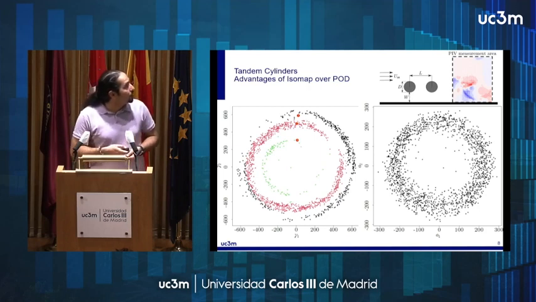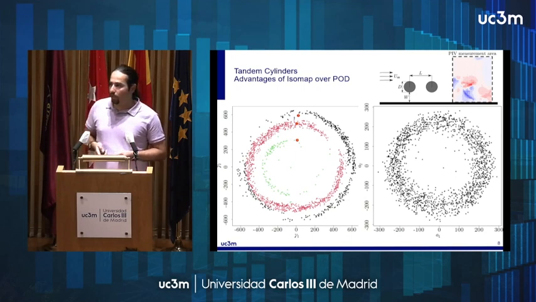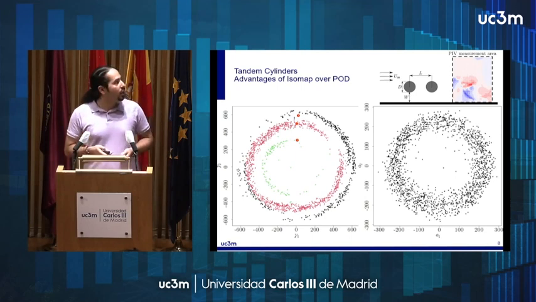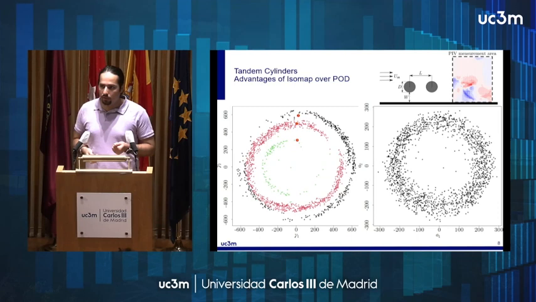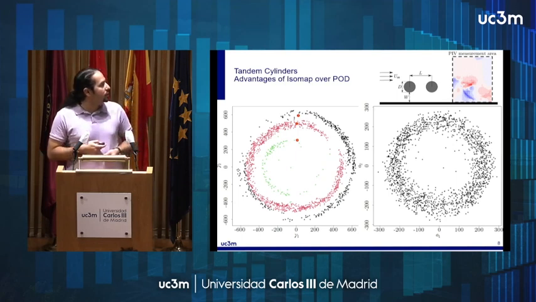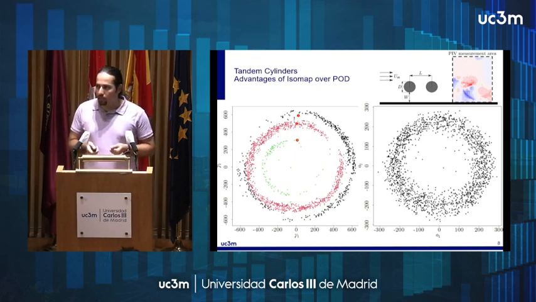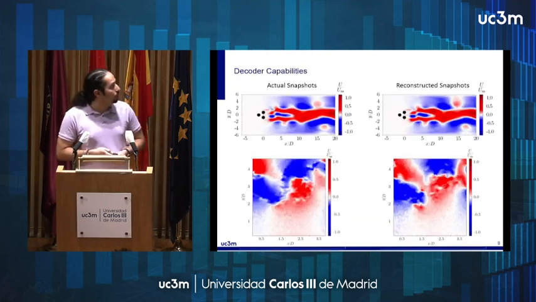Here you can clearly see that our method is able to find some hidden features, some hidden characteristics that POD completely fails to find. And by examining the snapshots in different clusters in our embedding space, we can relate each cluster to different regimes of this flow configuration.